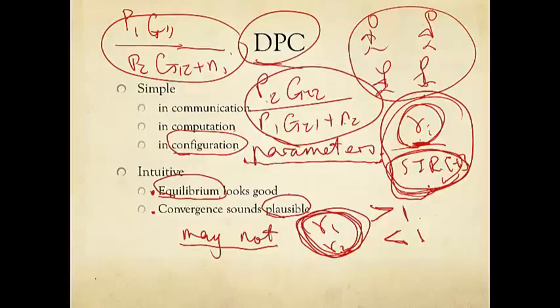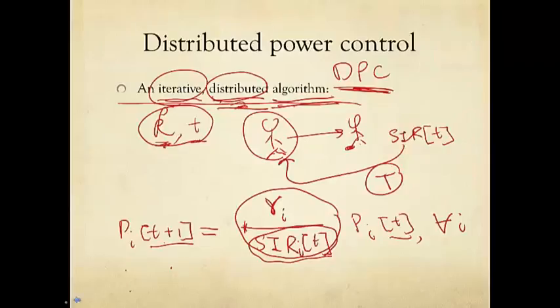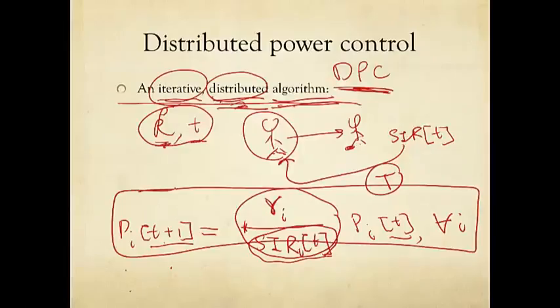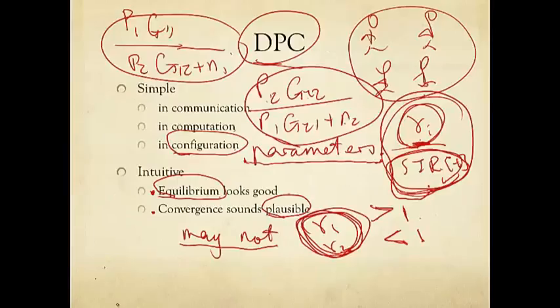That's provably true. But to show that would take us to advanced material, and we'll come back to that after the normal period of this lecture. So intuitively, you can see why this algorithm could work, and this is such a beautiful equation here. We're going to see many distributed algorithms later on, but this is going to be one of the simplest and the most often used.